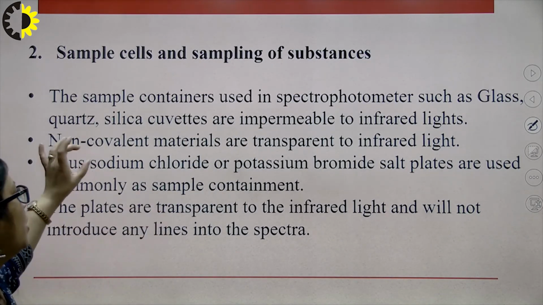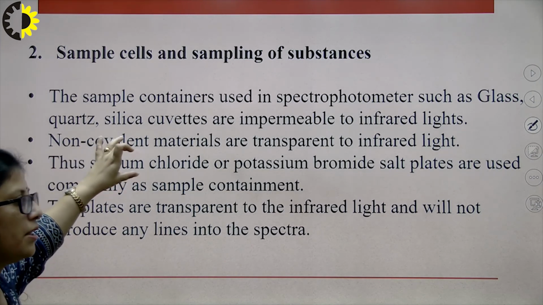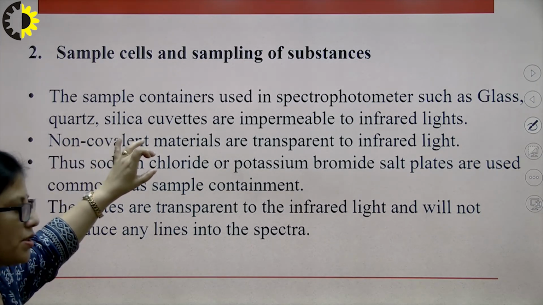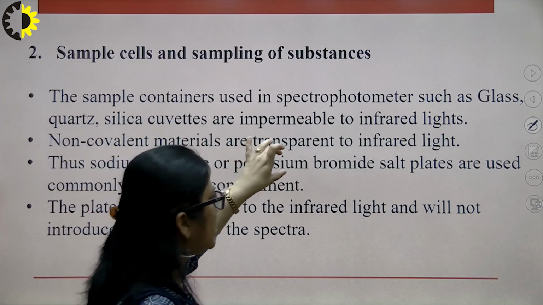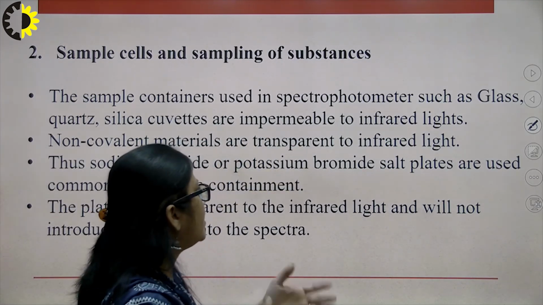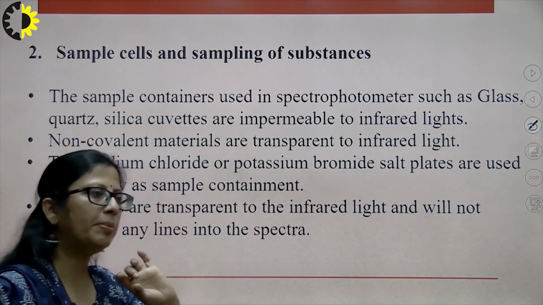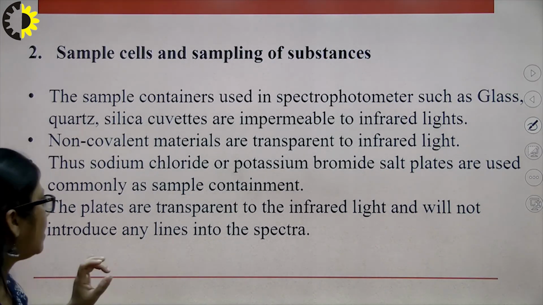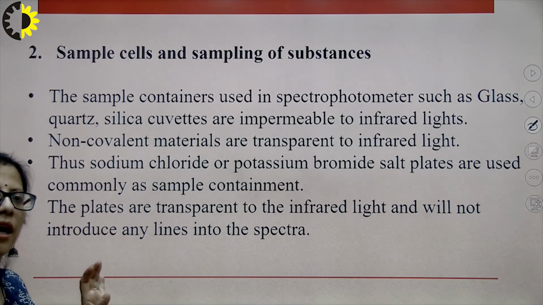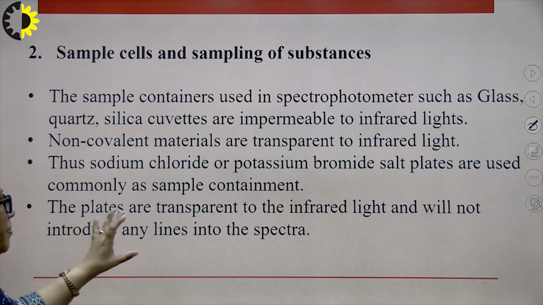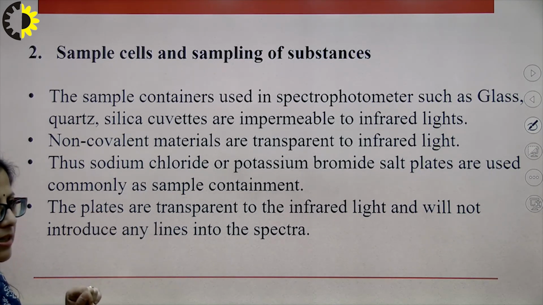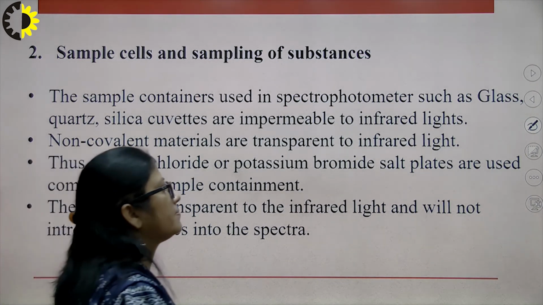Therefore, generally we dissolve a sample. If it is liquid, a pouch is made in sodium chloride, or if it is solid, it is ground with KBr and transparent salt plates are made, and then they are put into the IR spectrophotometer. The plates are transparent to IR light and will not introduce any lines into the spectra.